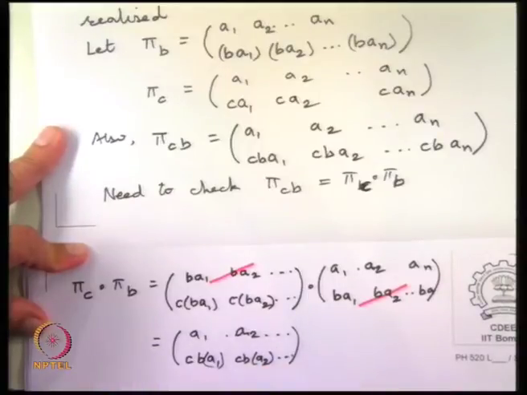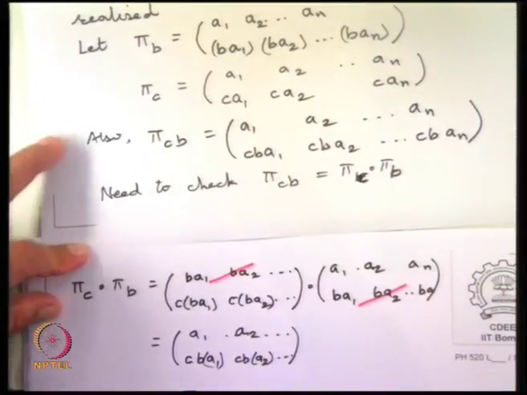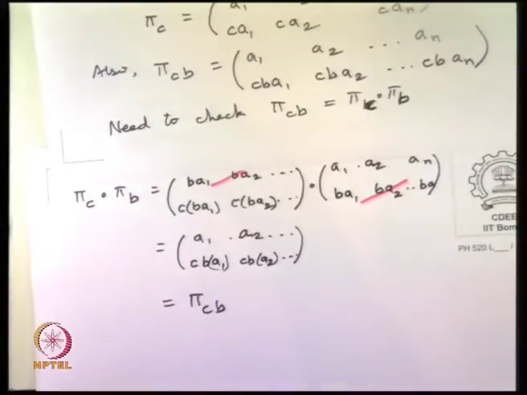So this is the same as our pi CB, right? It's exactly the same thing. So one can reproduce the entire group property of any finite group by realizing it as a set of permutations and then carrying out multiplications as you would do for any permutation.